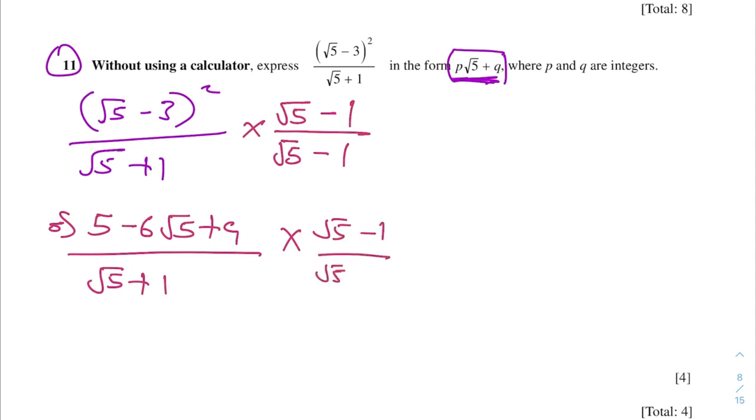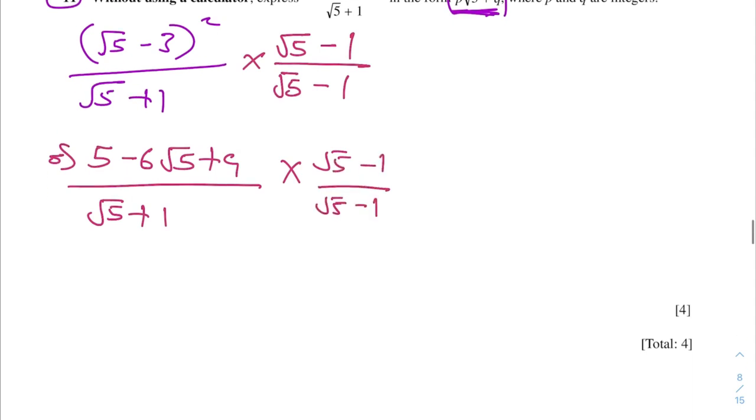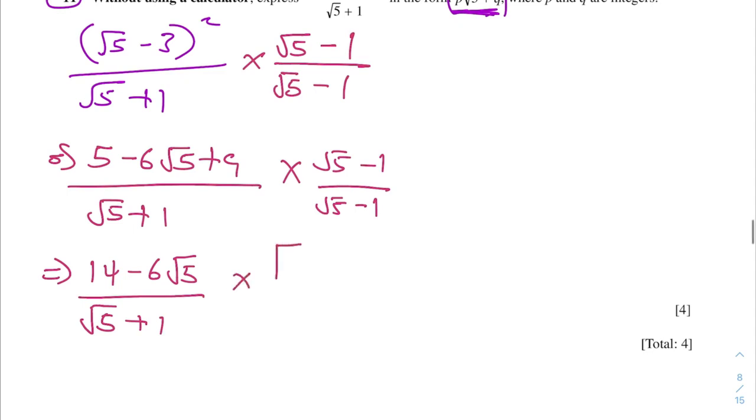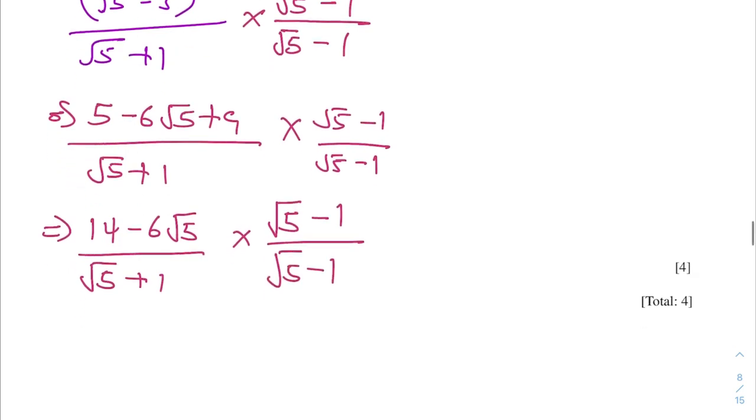Now I will simplify. That means I have 14 minus 6 root 5 over root 5 plus 1 times root 5 minus 1.